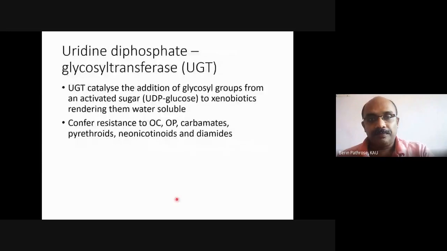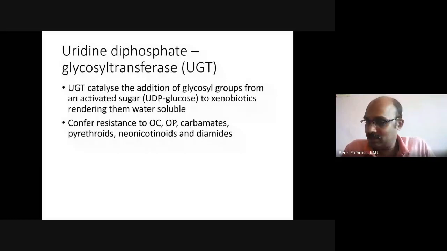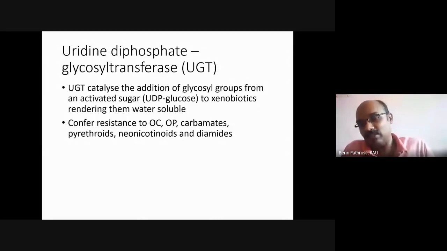Now, usually whenever we discuss detoxification enzymes, we discuss these three only: esterases, glutathione transferases, and cytochrome P450 monooxygenases. And now we have a new group of enzymes which is gaining more and more importance in insecticide resistance.